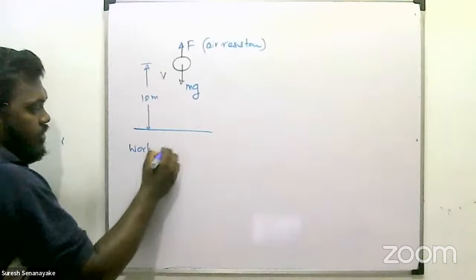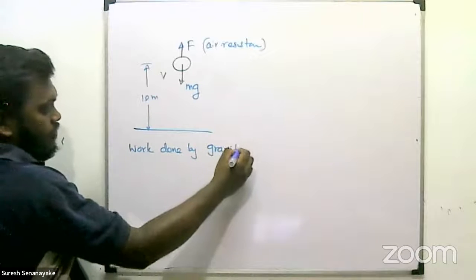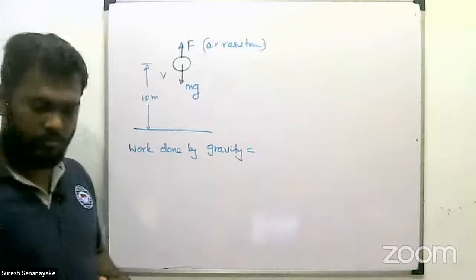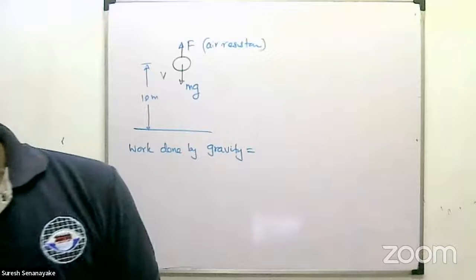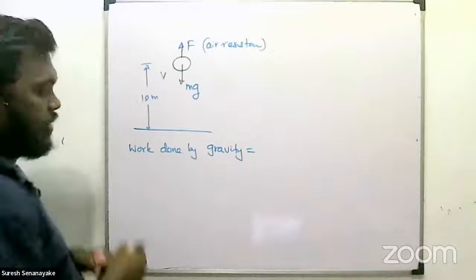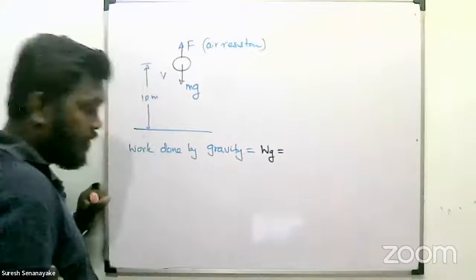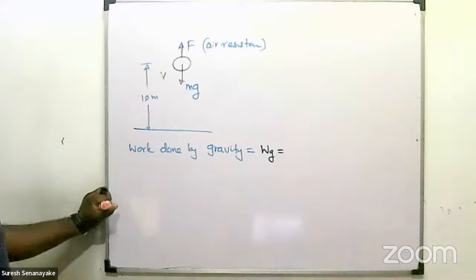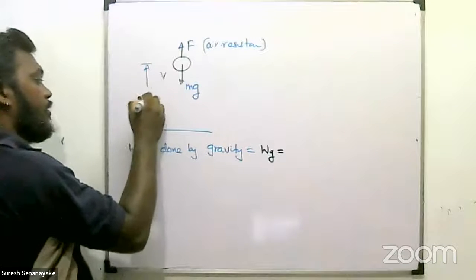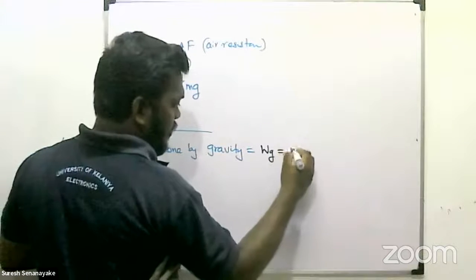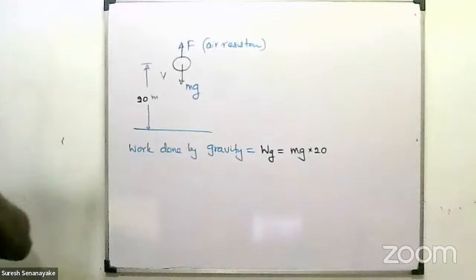Work done by gravity, WG, equals the weight multiplied by the vertical height. Oh sorry, it's given 20 meter, not 10 meter. So it is mg into 20.